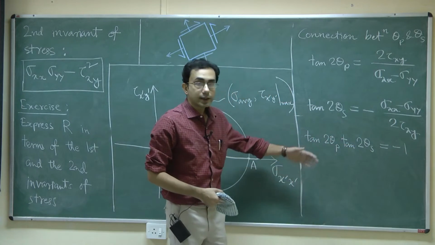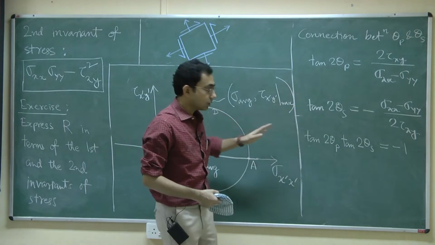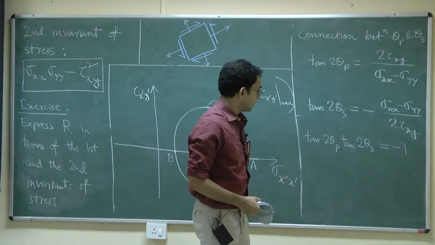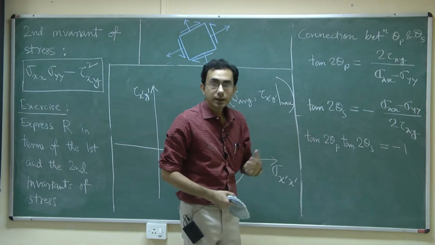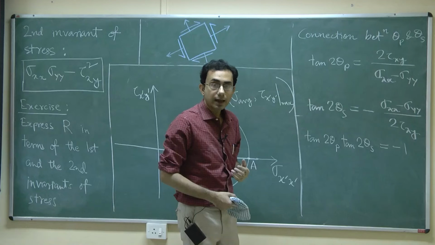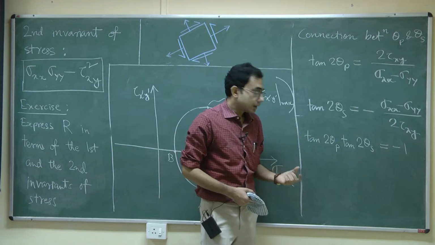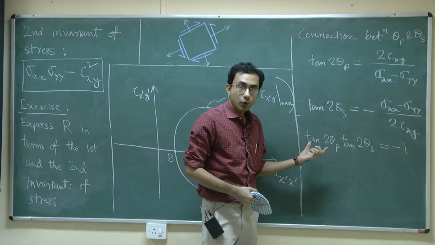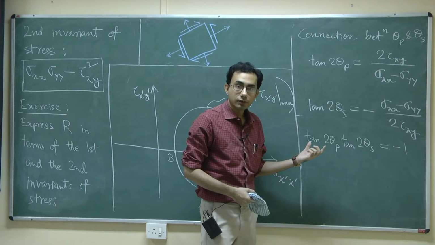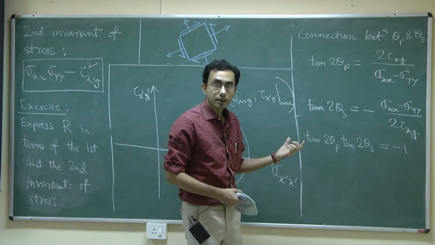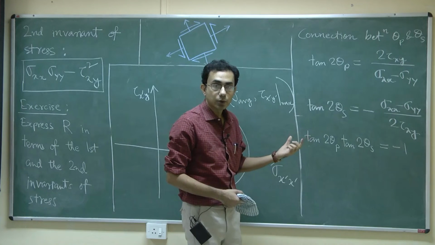Now you forget about all stresses, forget about all this circle and everything. Just take your mind back to your high school geometry. There, when we were considering the equations of lines and the various possibilities of slopes, we had seen that if the slope of one line is given by tan alpha and the slope of another line is given by tan beta, and it turns out that tan alpha times tan beta is equal to minus 1.